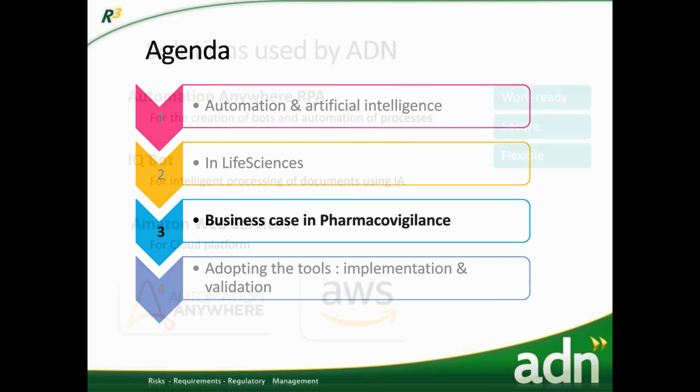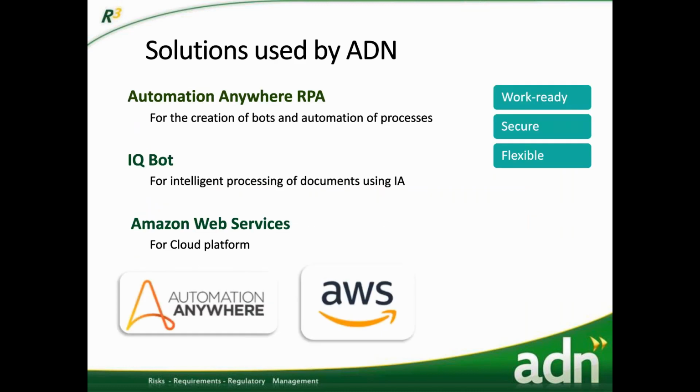So first, just to let you know that at ADN we are using technologies provided by Automation Anywhere: RPA and IQ Bots.